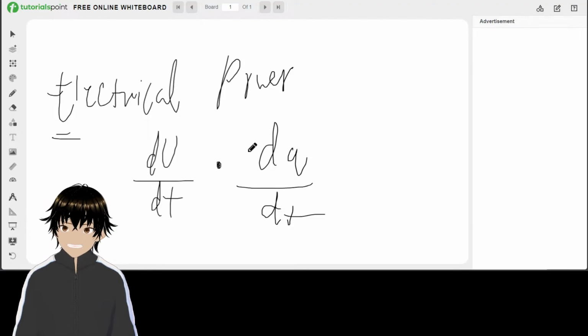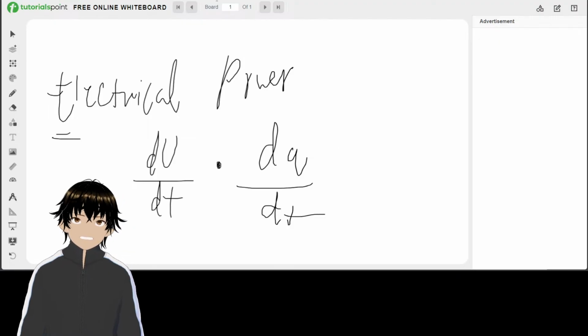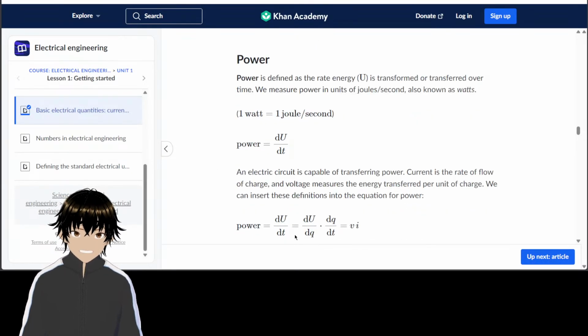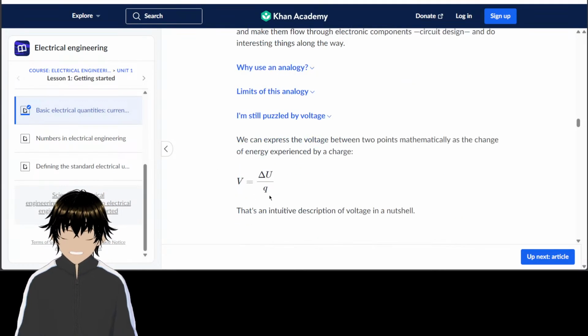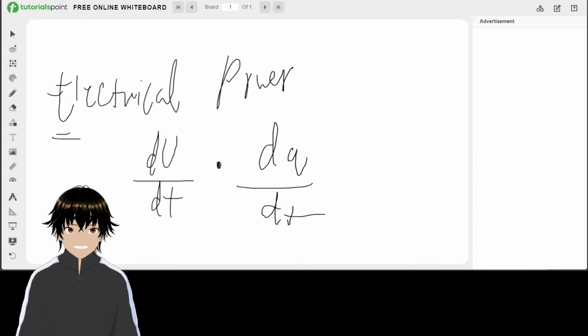So electrical power is just voltage times current. Right? So this is experienced by charge, the change of energy.